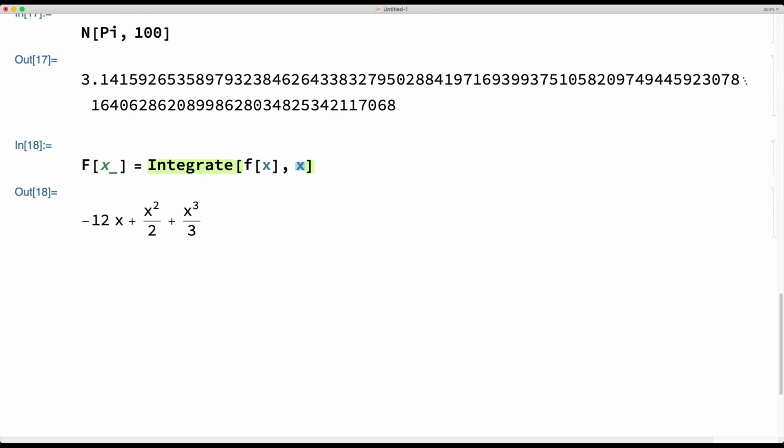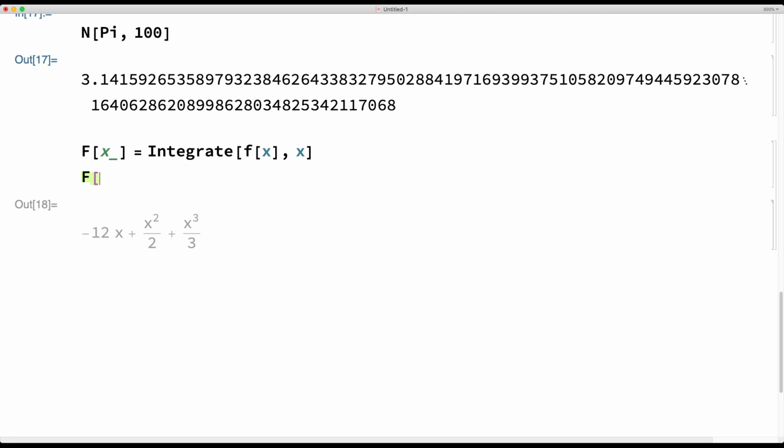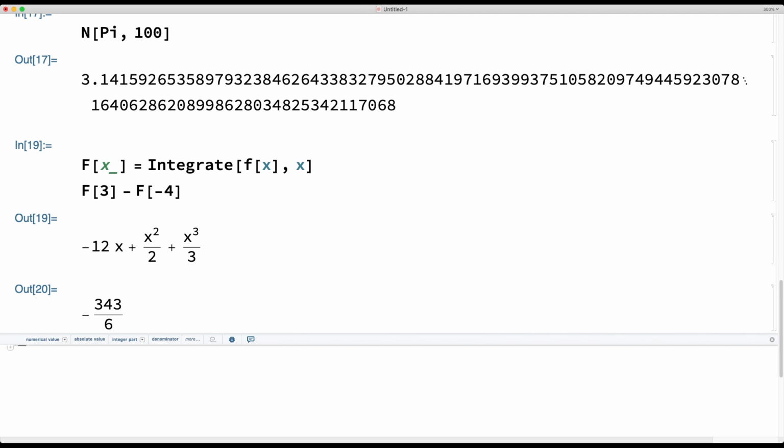So here, f of 3 minus f of minus 4, the top number plugged in minus the bottom number plugged in, and then it evaluates it and I get what I want. Does that make sense? That's really what it was doing in the background. It just didn't show you all the intermediate computations.